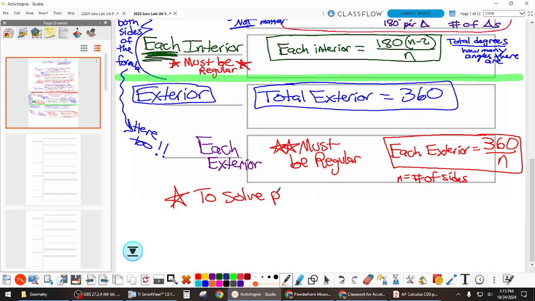Actually, I'm going to say it this way. To pick the right formula, always ask: 1.